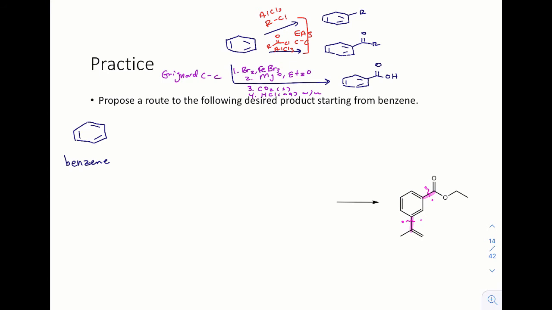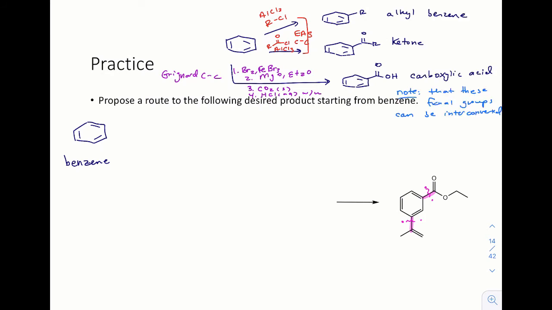These three different routes make three separate functional groups, although they can all be interconverted, really. Some of those interconversions rely on reactions learned during the carbonyl grid exercise and others during this discussion of aromatic chemistry.